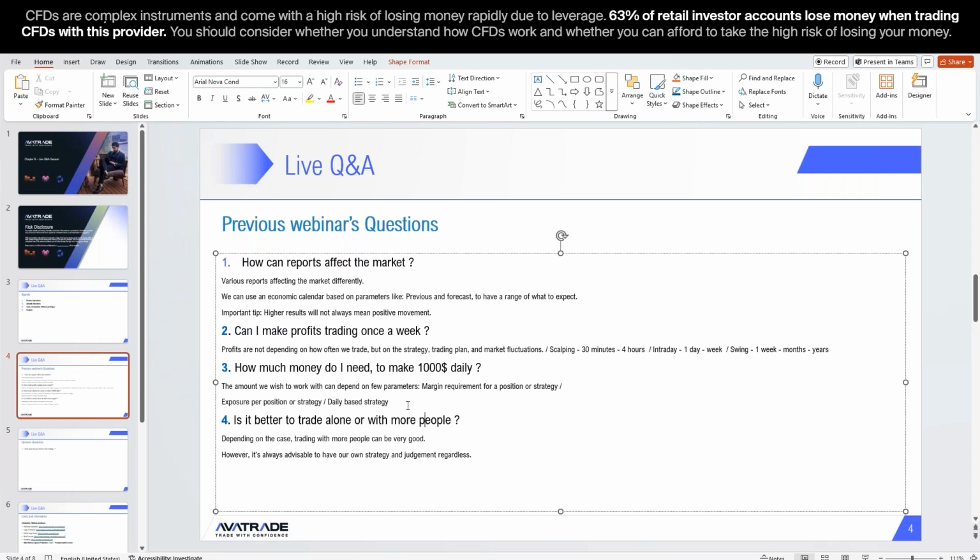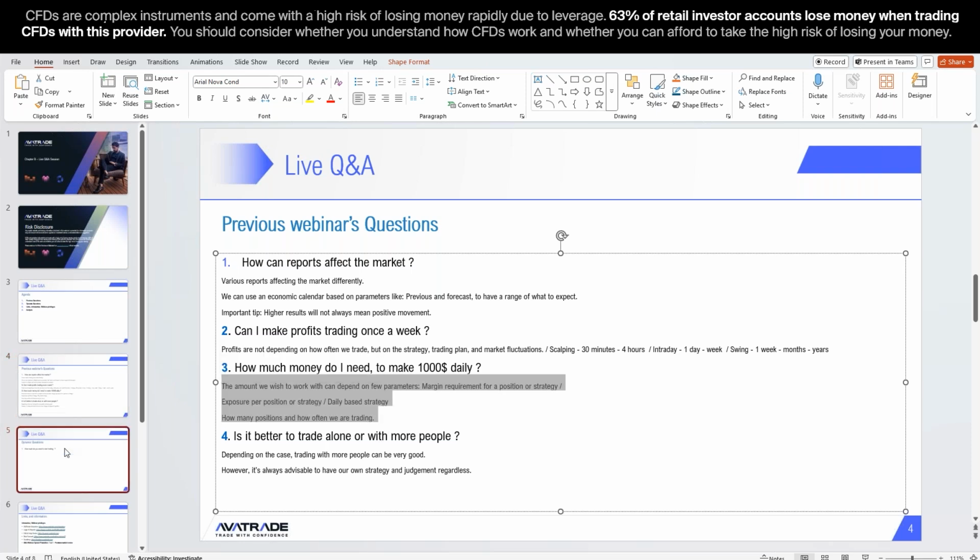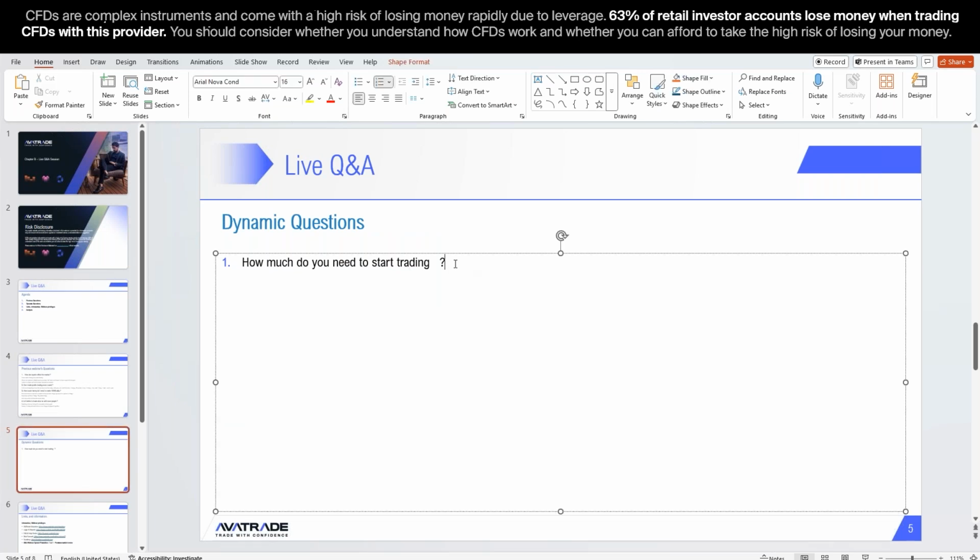The amount we wish to work with can depend on a few parameters: margin requirement for a position or a strategy, exposure per position or a strategy, and of course, how many positions and how often we are trading. So this answer applies exactly to what you asked, Sydney.